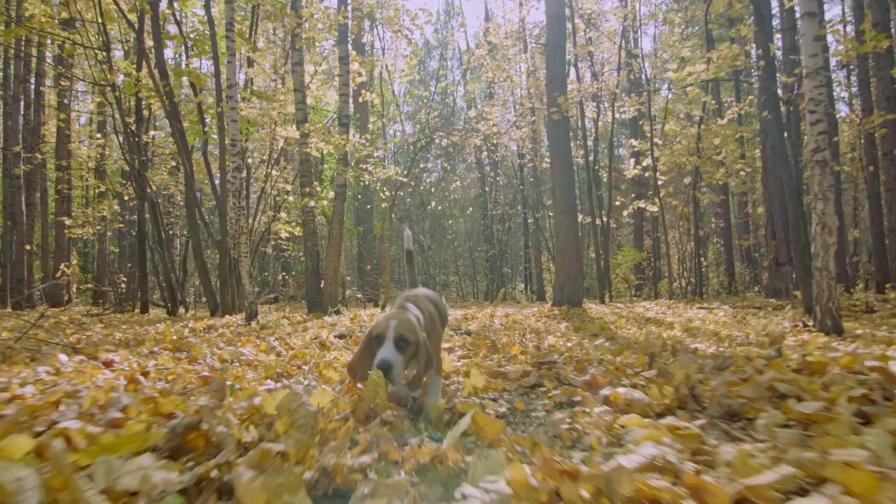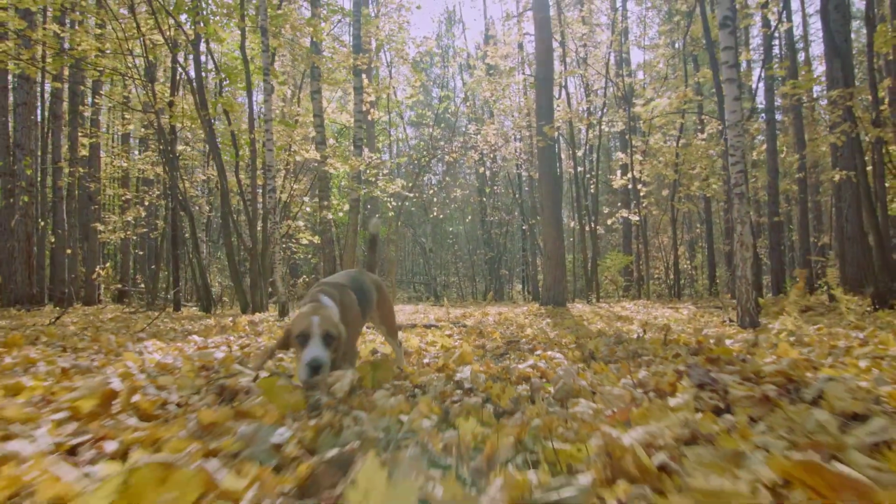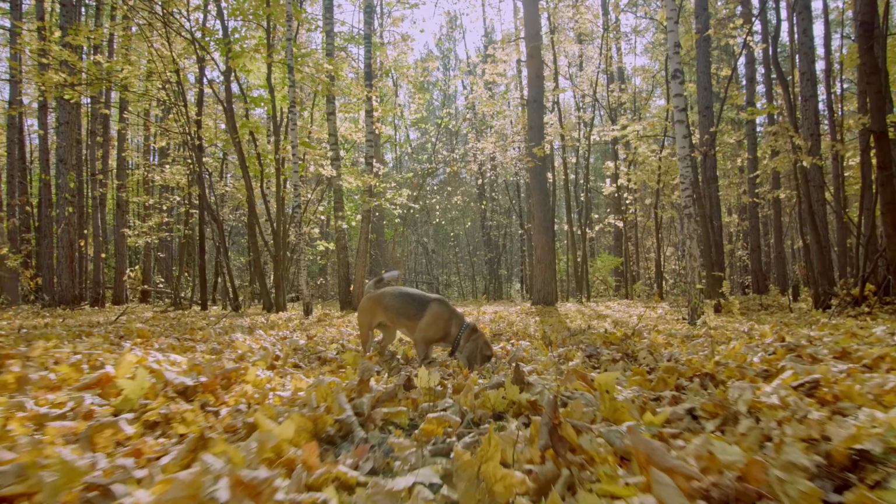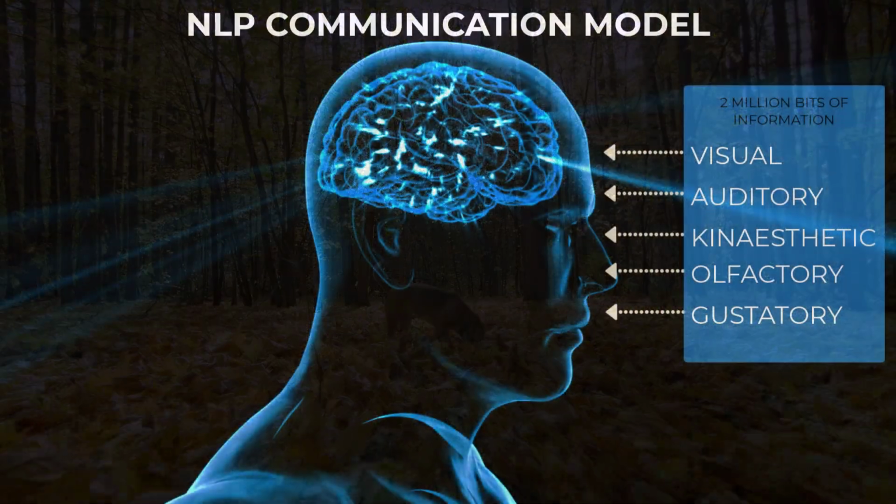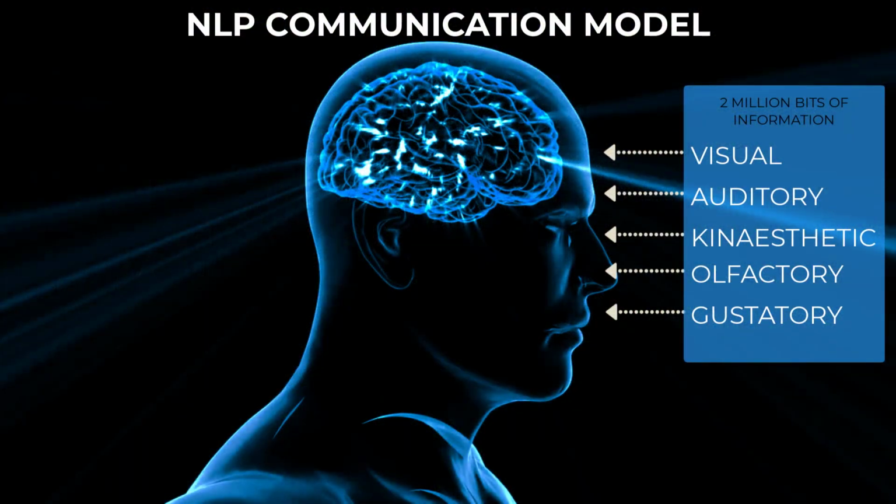They possess up to 300 million olfactory receptors in their noses, compared to about 6 million in us. In fact, it's been estimated that dogs can smell anywhere from 1,000 to 10,000 times better than people. It is these neurological constraints that challenge our ability to observe reality completely.